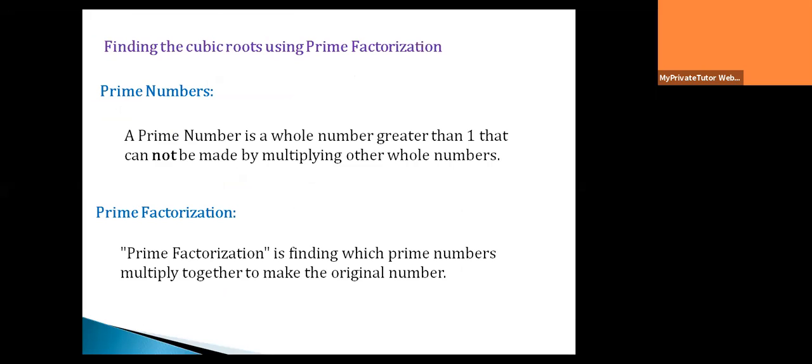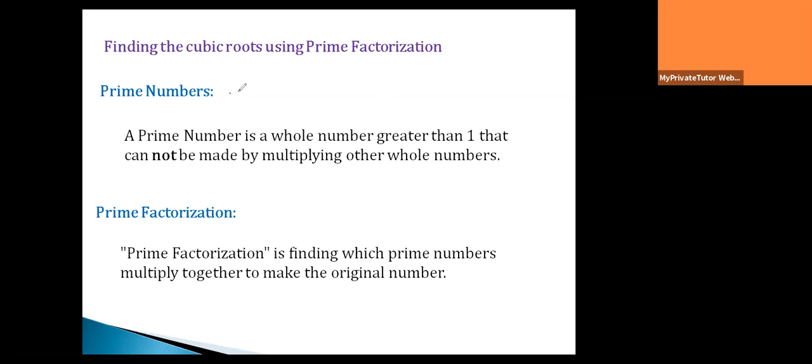Just take a look at this. What are prime numbers? I hope everyone knows that. If a number is divisible by itself and 1, then only that number is a prime number. Let me give the definition in a simple way.